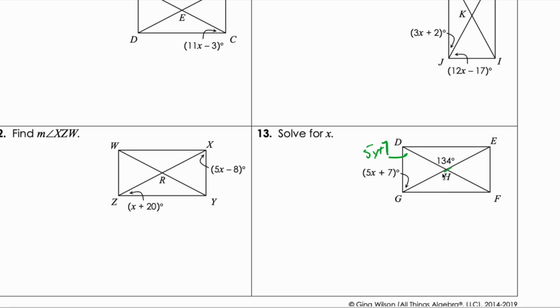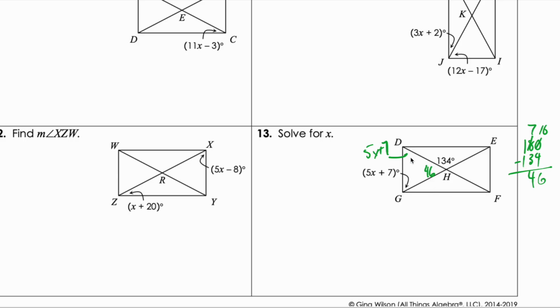Okay, this is a line. So if these two angles are being shared on a line, then we know that they both add up to 180 degrees. So we take 180 minus 134, and that would mean that this angle is 46.